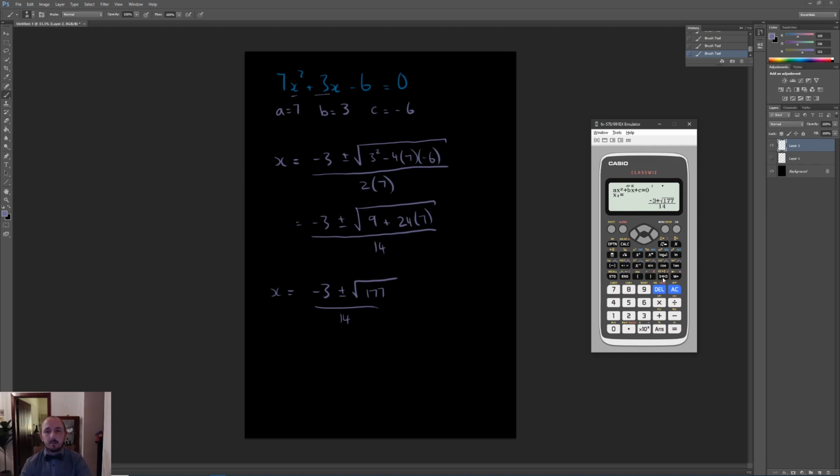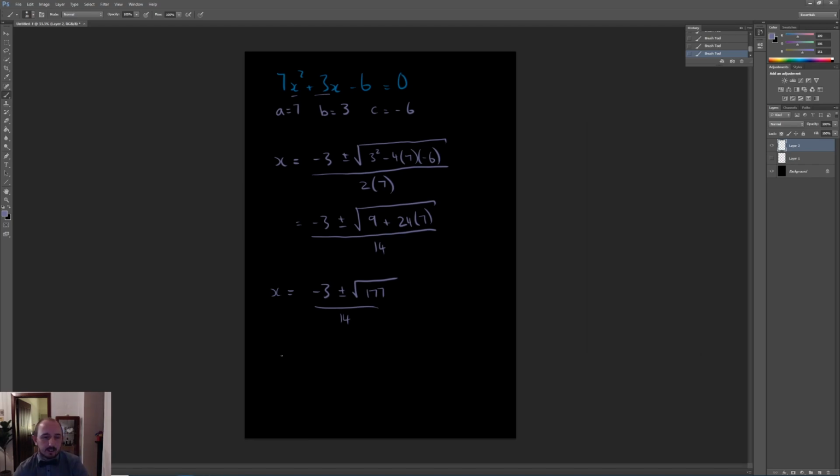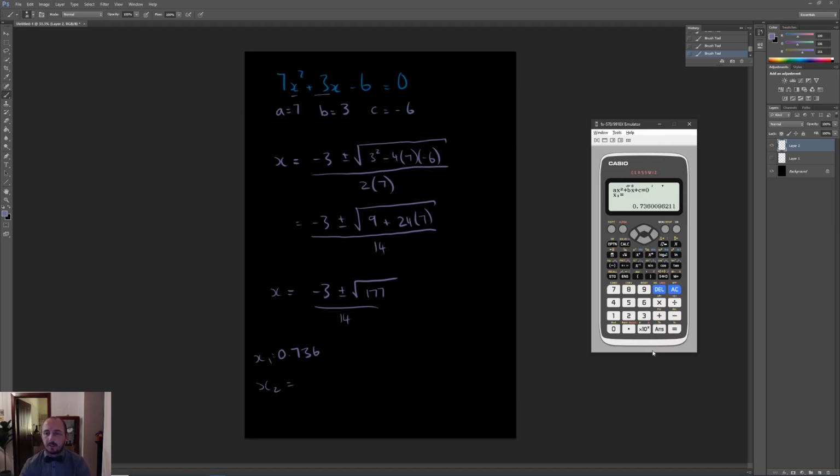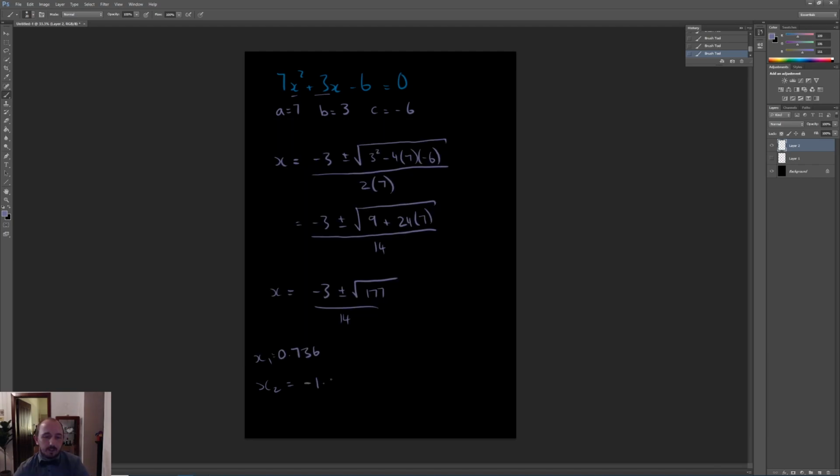If we need the decimal version for that, we've got 0.736. That's our first x value, and x2 will be, press equals again, minus 1.164. So we can now use these to check our answers on the app.